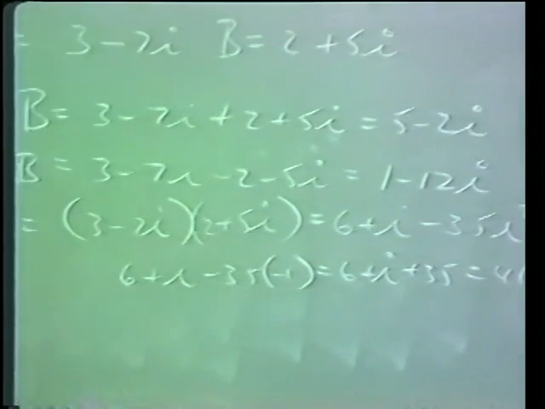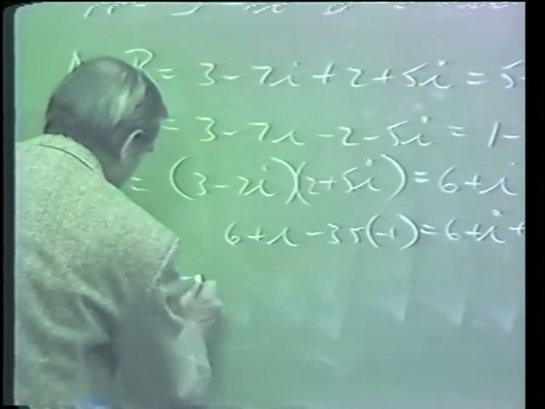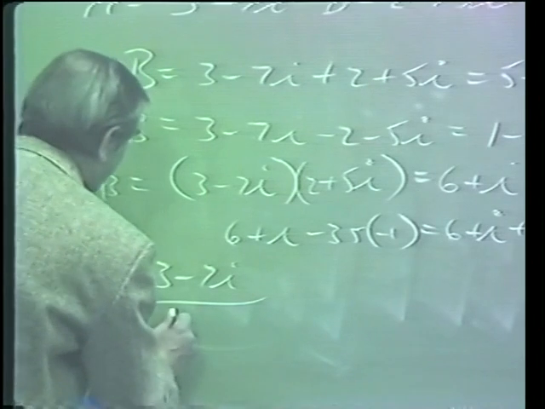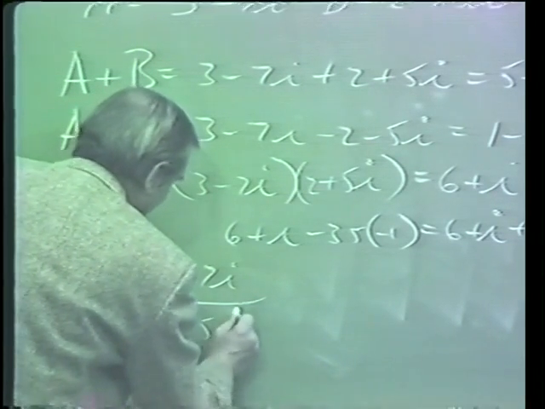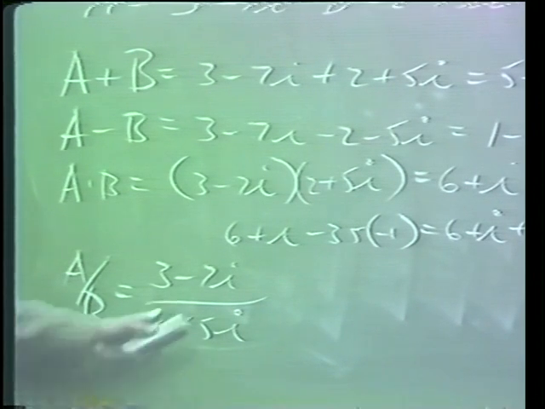And I like to do this one. A over B. This is 3 minus 7i over 2 plus 5i. Now we don't have division in terms of complex numbers, but what we have is that we're never allowed to have an i in the denominator. We got i's in the denominator. I have to get rid of it.